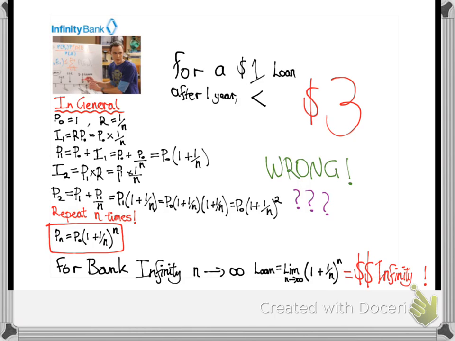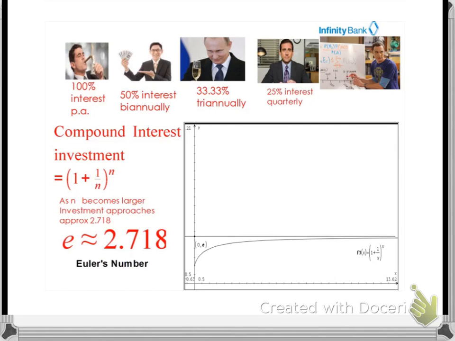What's going on there? Well, this brings us to a natural number that this kind of scenario will tend towards. So it's not infinite dollars. There's actually Euler's number, approximately 2.718. This is a transcendental number, which means it has an infinite number of decimal places.